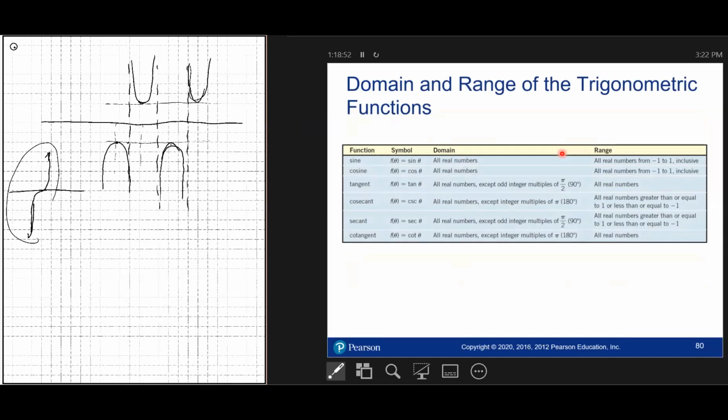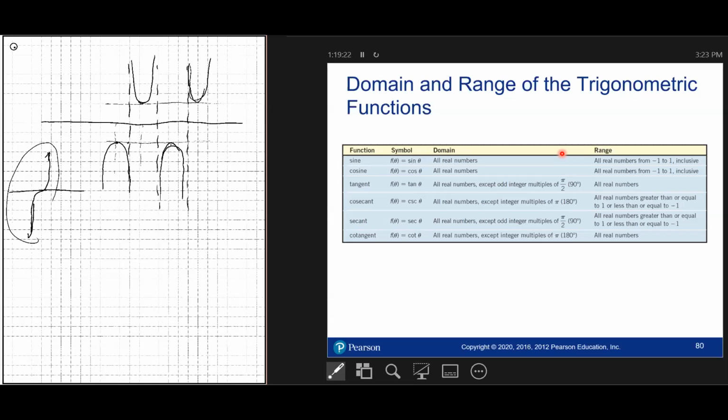All right. Sine, the symbol is sine theta. The domain is all real numbers. The range is all real numbers from -1 to 1 inclusive. Same thing is true with cosine. Tangent is all real numbers except for the odd integer multiples of pi over 2, and the range is all real numbers.